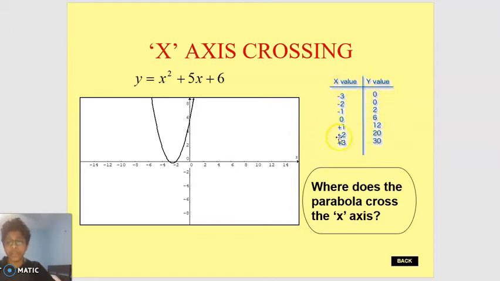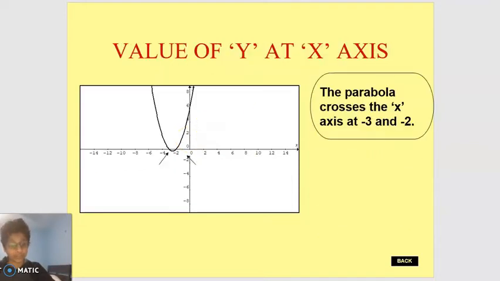In the table, the y value is 0 at x equals negative 3 and at x equals negative 2. So our solutions, or zeros, are negative 3 and negative 2, and that is where the parabola crosses the x-axis.